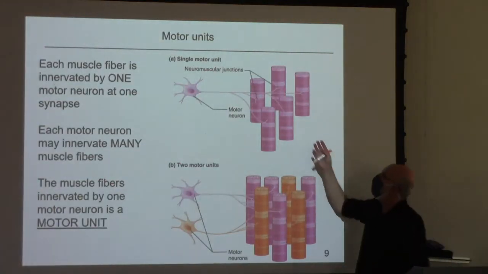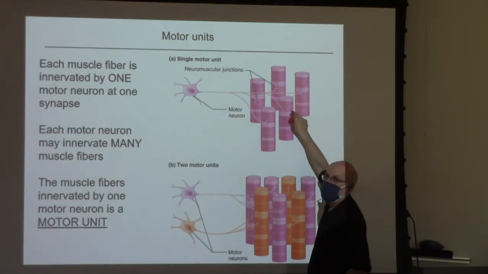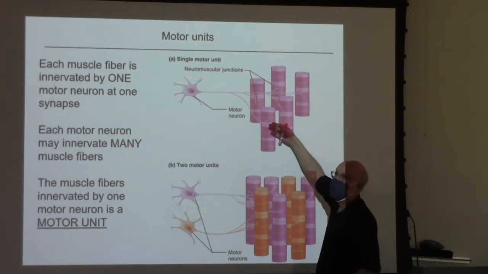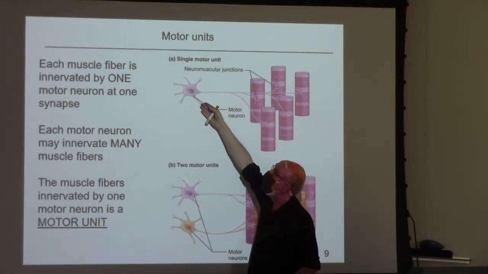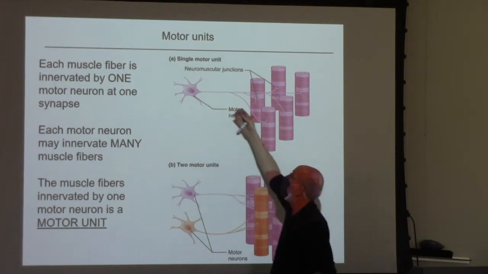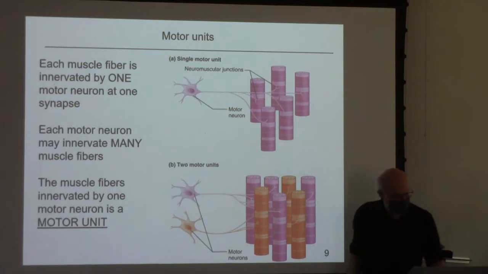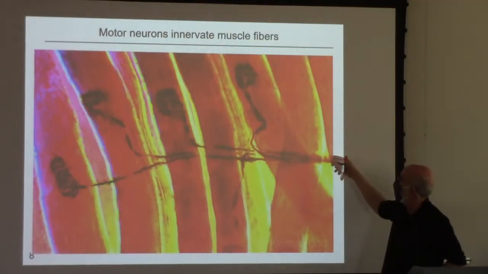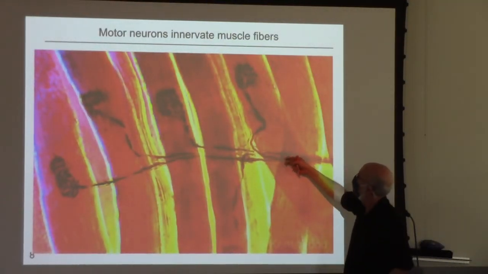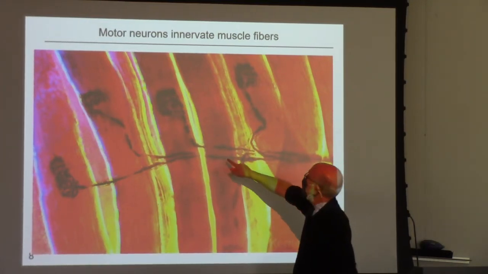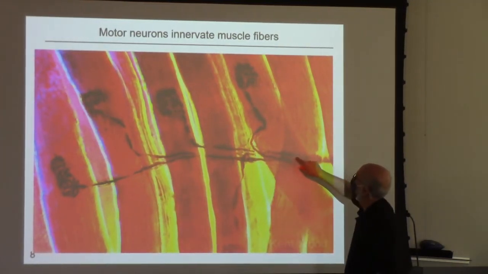So I said that each muscle fiber is innervated by one motor neuron, but each motor neuron may innervate many muscle fibers. So here is a motor neuron. Well, let's take this one, because this is a bundle of motor neurons.